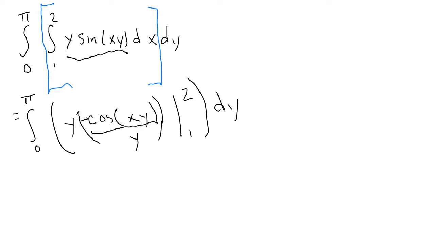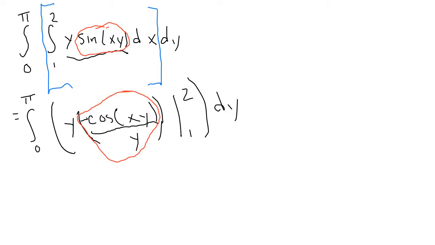So if you take the partial derivative of negative cosine of xy over y, you're going to get back the sine of xy, because the derivative of the cosine is minus the sine, and so minus the sine is plus sine.